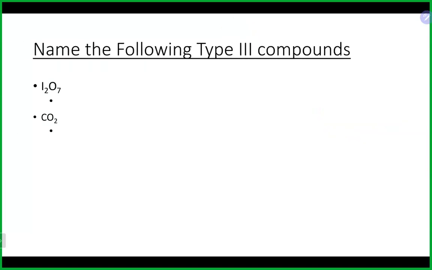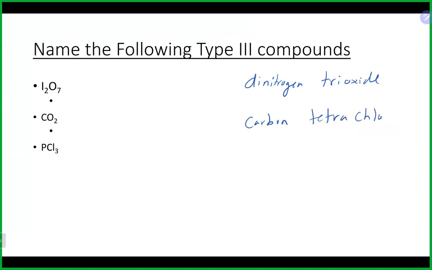All right, why don't you try some here, see what you come up with, and let's do some names. Let's do a little dinitrogen trioxide. Let's do a carbon tetrachloride. And let's do something that doesn't exist.